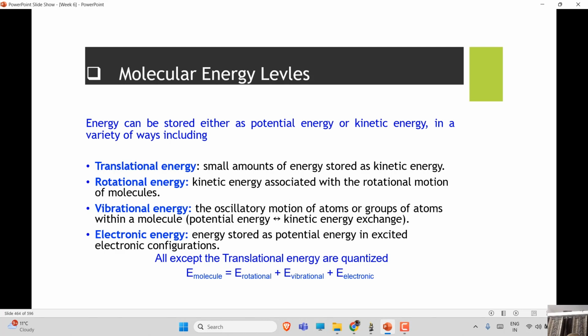Then we have vibrational energy, the oscillatory motion of atoms or groups of atoms within a molecule, with potential energy and kinetic energy exchange. Then we have electronic energy, energy stored as potential energy in excited electronic configurations. All except translational energy are quantized.